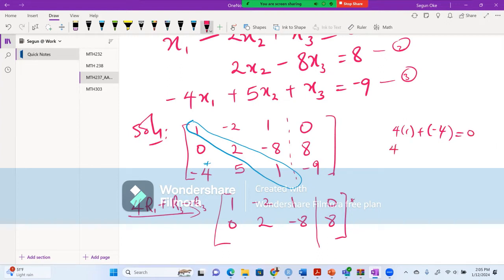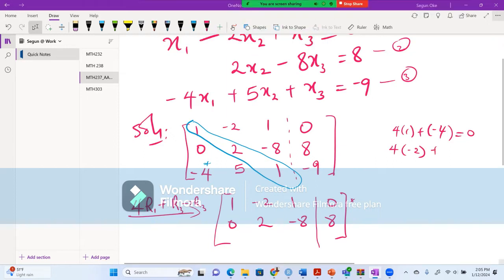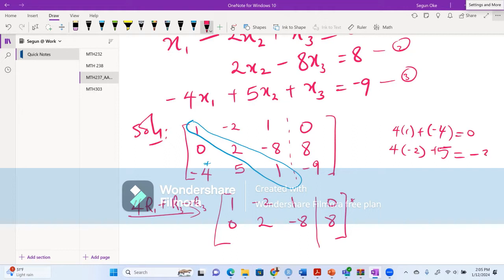Then 4 again, multiplied by the next column, negative 2, plus 5 equals negative 3. So we have 0 here, and negative 3 here.